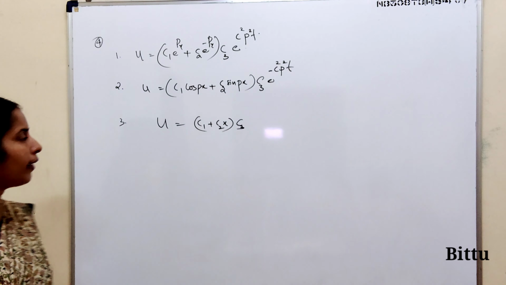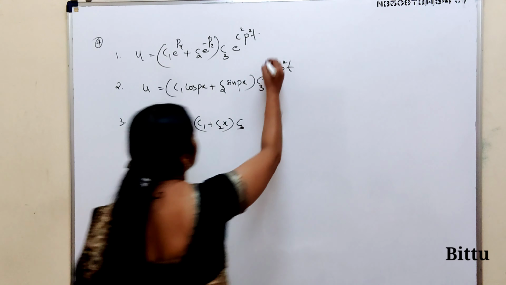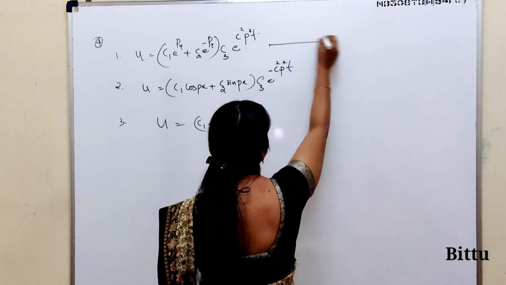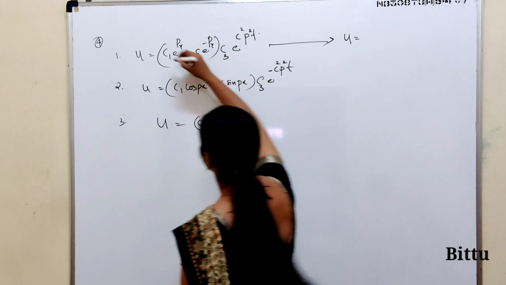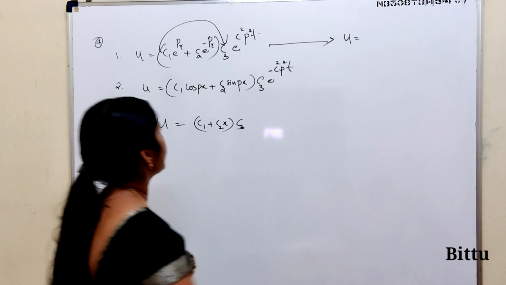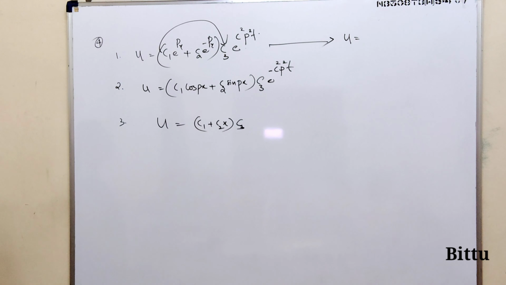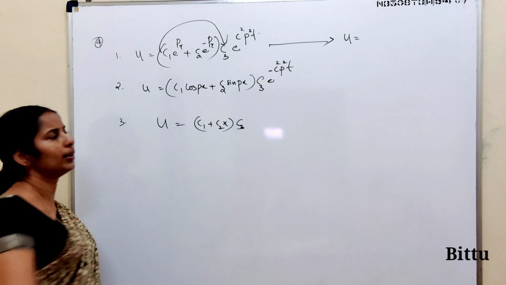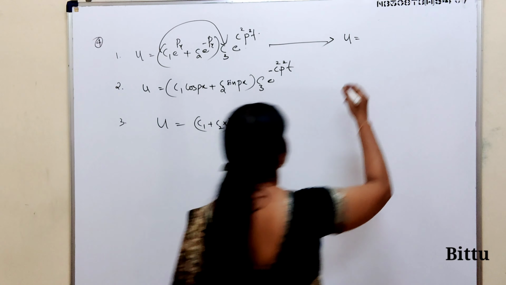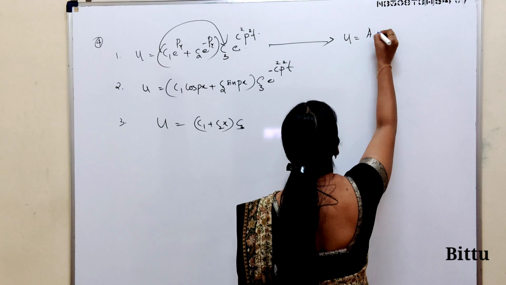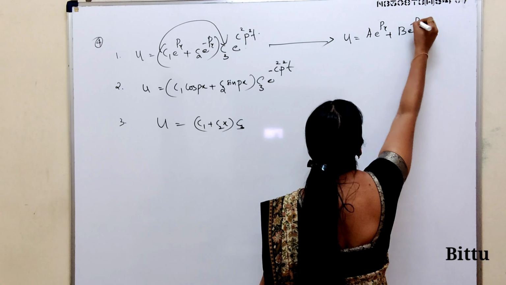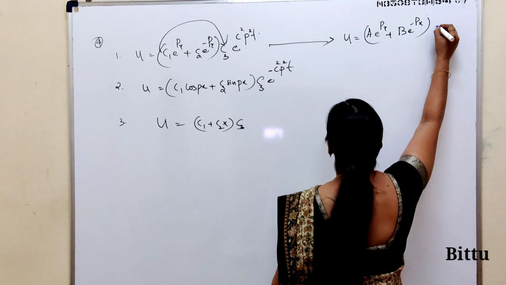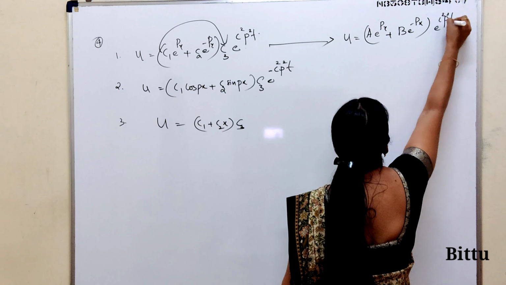Or you can write these 3 possible solutions as follows. You consider C1 C3 as an arbitrary constant A, and C2 C3 as another arbitrary constant B. So you can write u equal to (A e^(px) plus B e^(-px)) into e^(c² p² t).